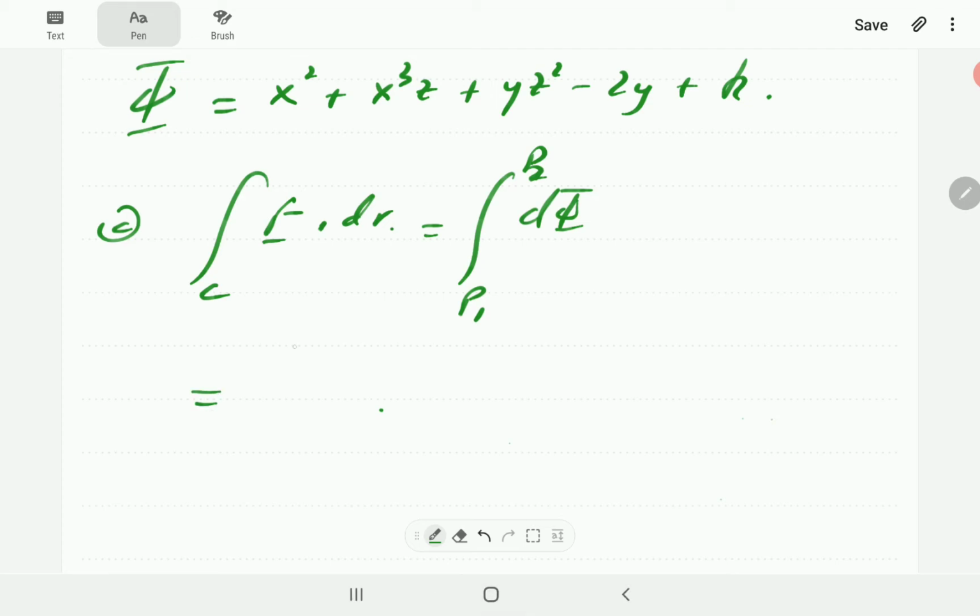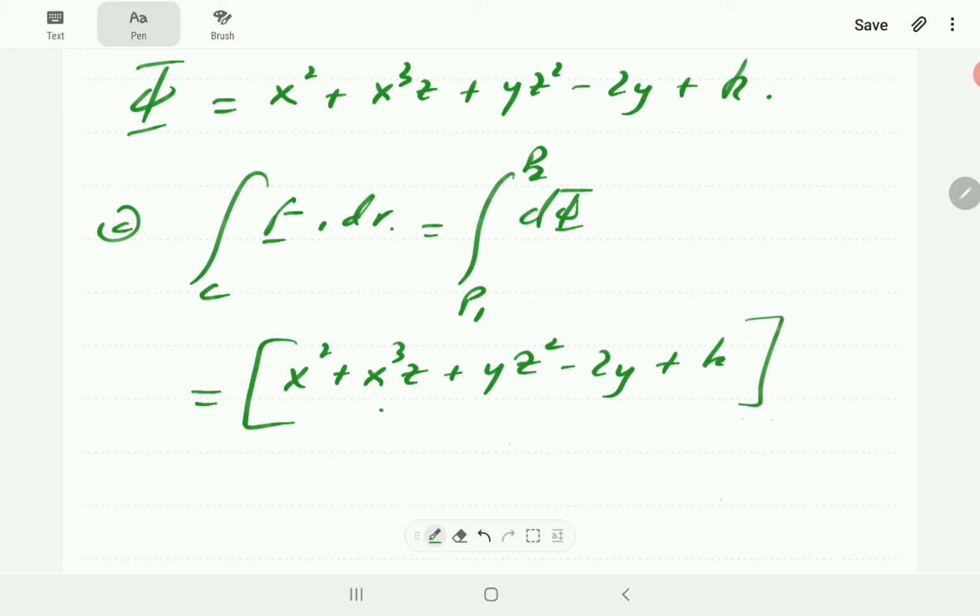And so this is just going to be the integral of d phi, which is just phi, which is what we have just found, minus 2y. The k we can keep, but we don't need it because it's going to cancel out.